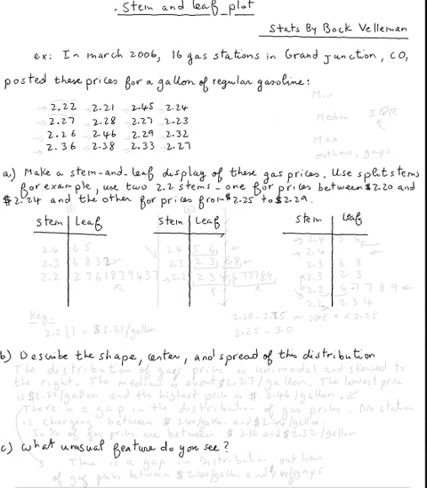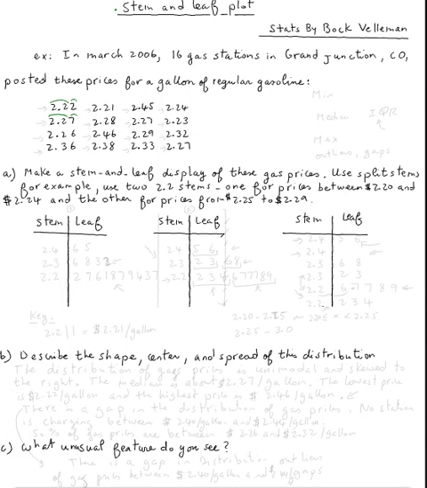So before we do split stems, I want to do them without, just to show you how to do that the easiest way. Looking at these prices, since we have three digits, I'm going to use the first two, like 2.2 will be the stem and 2 will be the leaf.